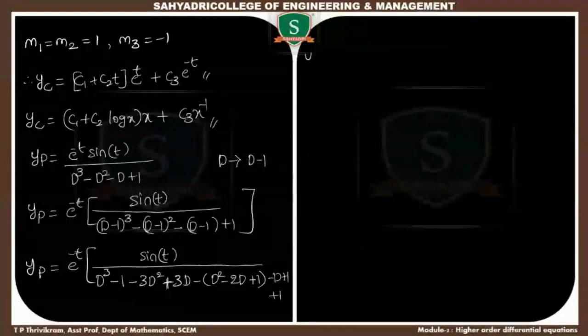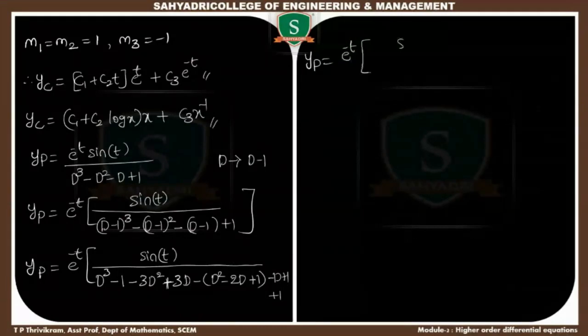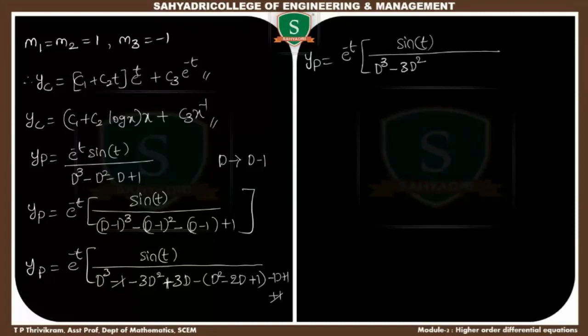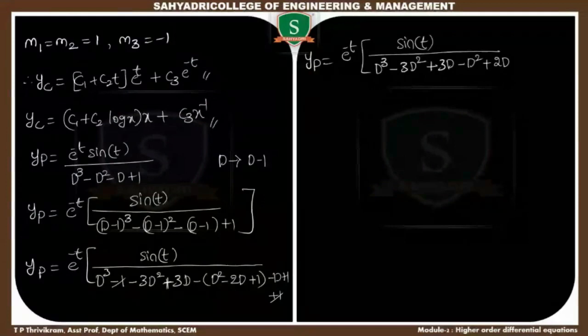So yp is equal to e power minus t sin t divided by d cube minus 3d square. Here plus 1 minus 1 get cancelled. Here we'll get plus 3d, minus d square plus 2d, plus 2d, minus 1 plus 1.